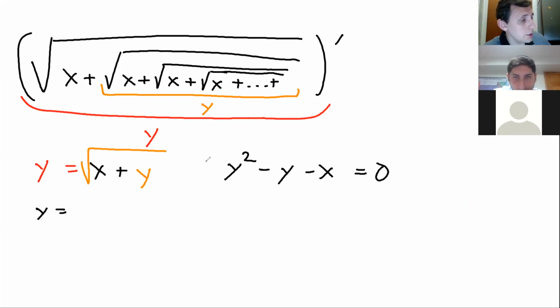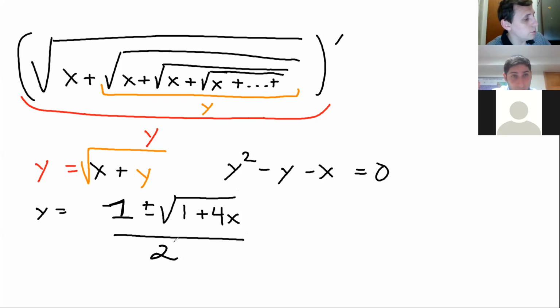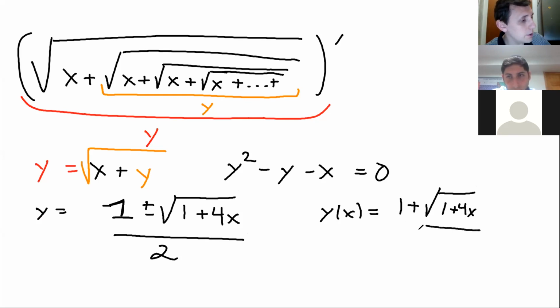I can use the quadratic formula: it's 1 plus or minus the root of 1 plus 4x, divided by 2. Since this looks like it's positive, I see that y of x is simply 1 plus the root of 1 plus 4x, divided by 2.